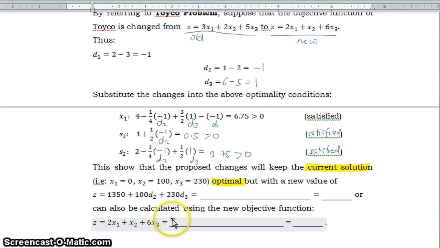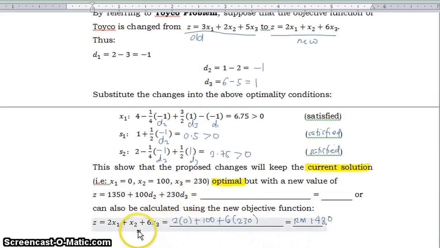Here we get 2 times 0 because x1 is 0, plus 100, plus 6 times x3, which is 230. By using a calculator, you get Z is equal to 1,480 ringgit.